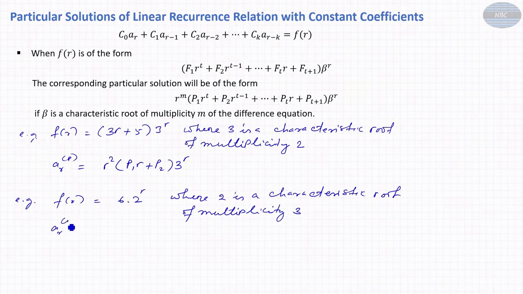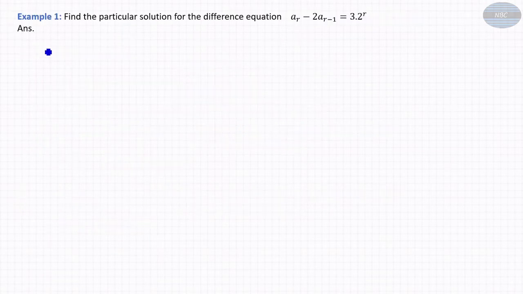Then the particular solution will be of the form r to the power 3. This is a degree 0 polynomial, so we can write a single constant p into 2 to the power r. Come to example 1.